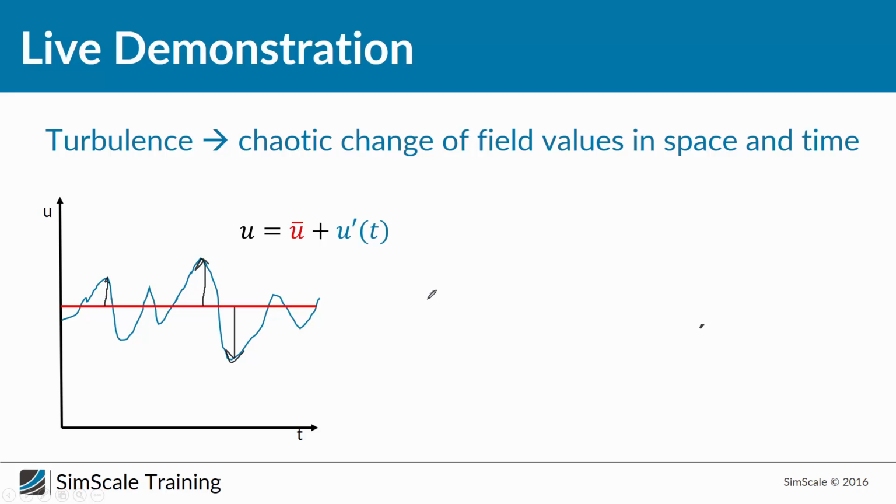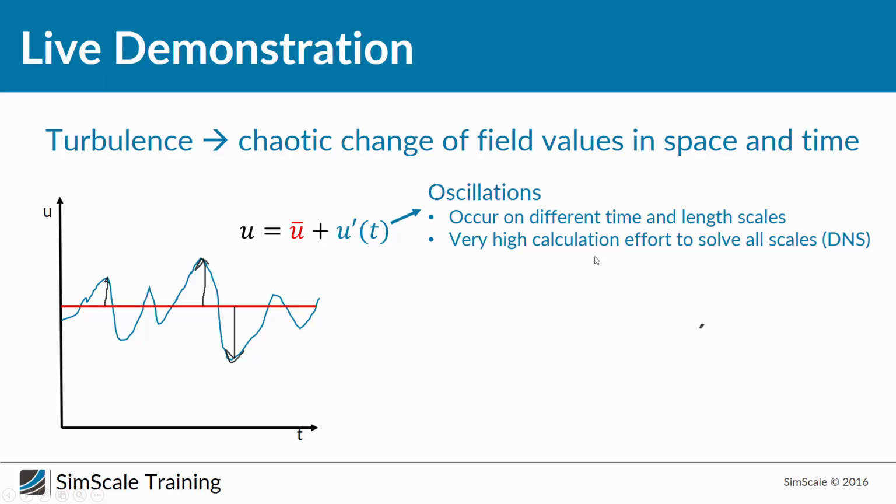And I mean, this is a big problem, because this fluctuating part, or this oscillation part, occurs really on different time and length scales, which means the fluctuation can be at a high frequency or a low frequency, and the magnitude of this oscillation can be big or small, and you have a lot of different scales.